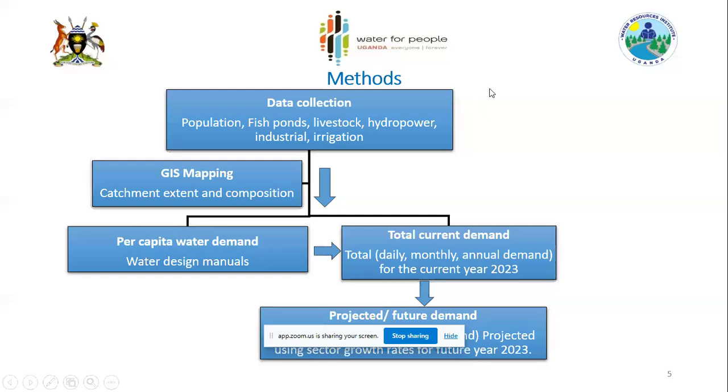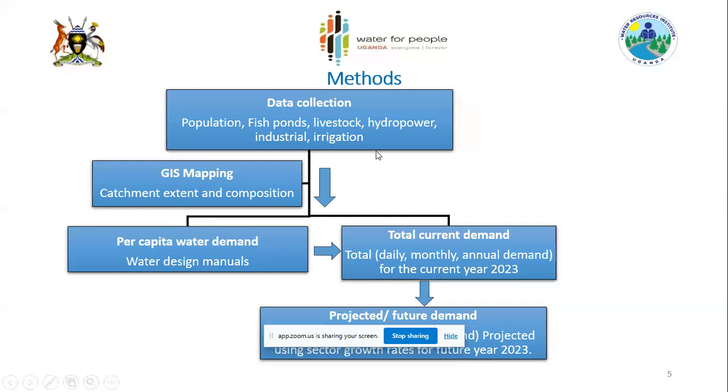And from these, we're able to get information on each district concerning the population data, concerning the fish ponds, concerning the livestock, concerning the hydropower usage, industry, and also irrigation. And to couple this, we also included data from UBOS, the Uganda Bureau of Statistics, and other sources to have a very robust database.